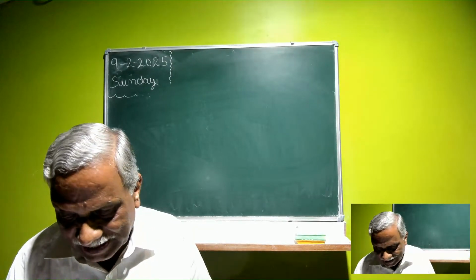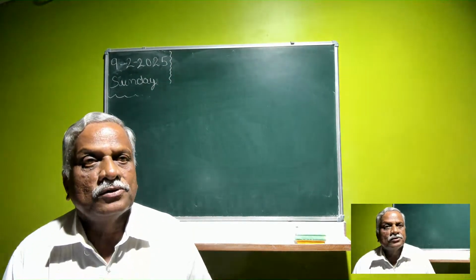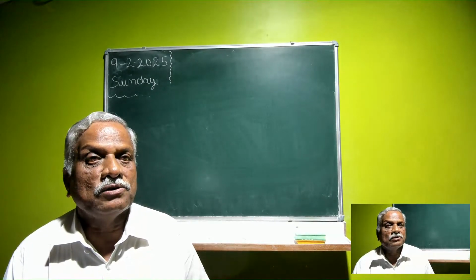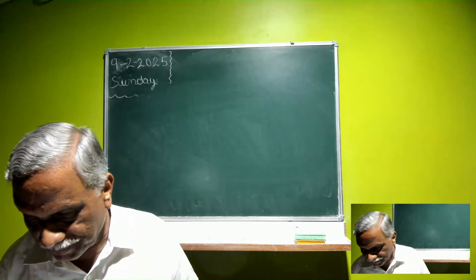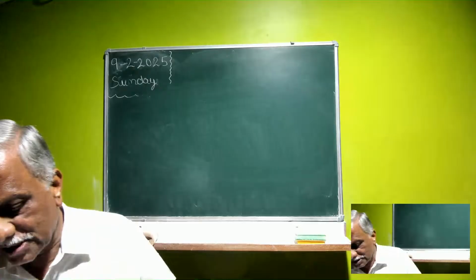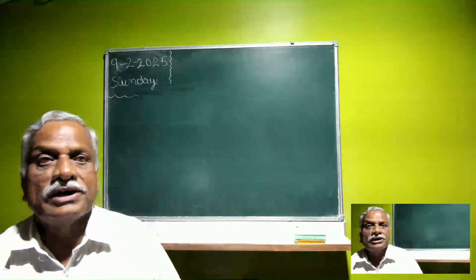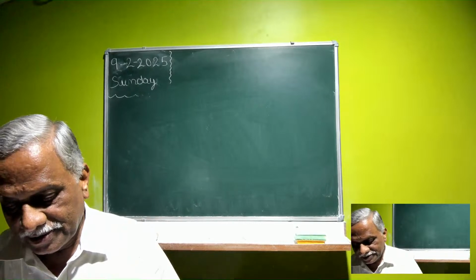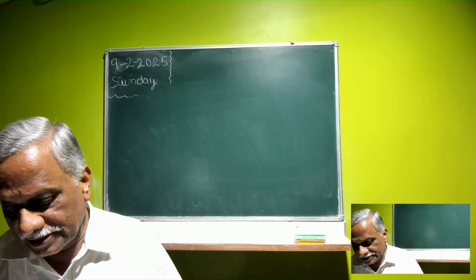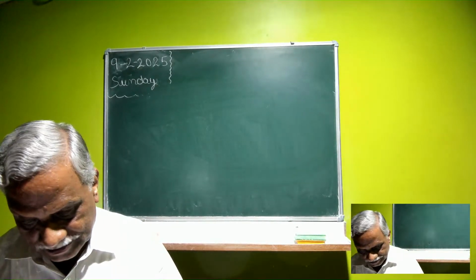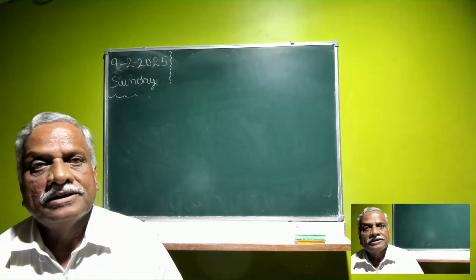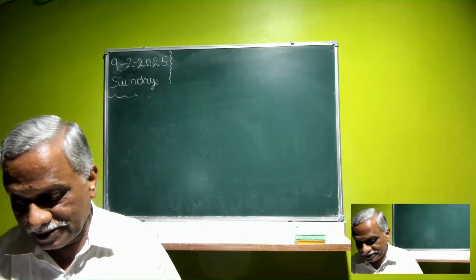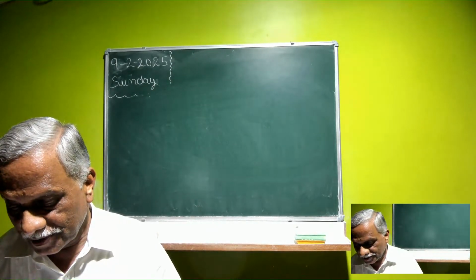And 2017 March, no need of working because it is y is equal to tan inverse x whole square problem. And July 2017, no need of working because it is 3 log cos x plus 4 sin log x. Then March 2018, y is equal to tan inverse x whole square, no need of working.